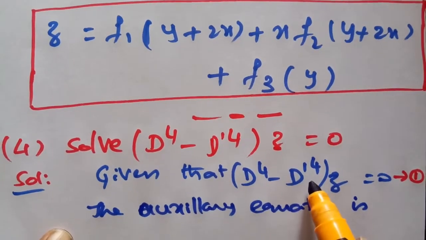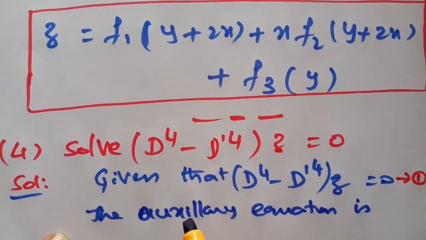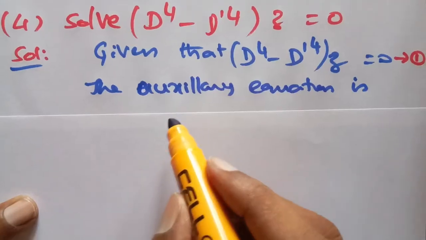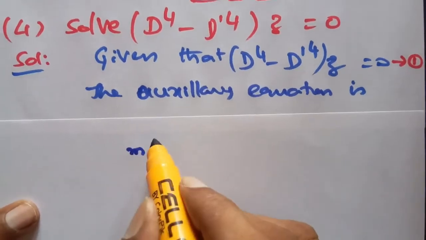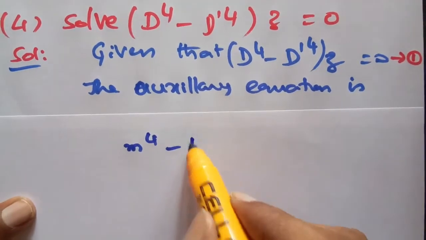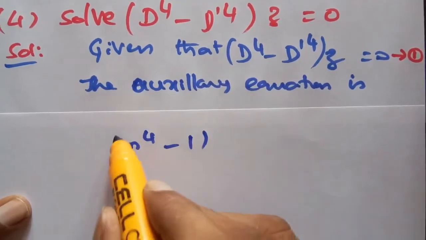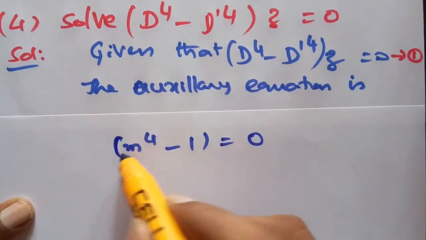Now the auxiliary equation is m power 4 minus 1 is equal to 0.